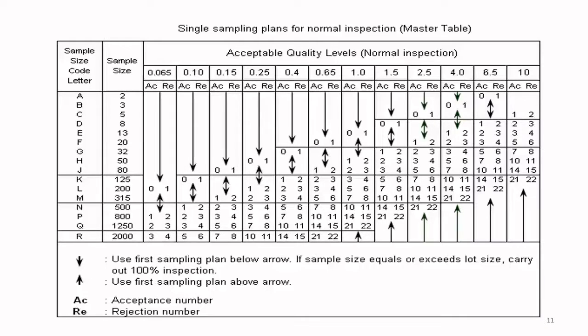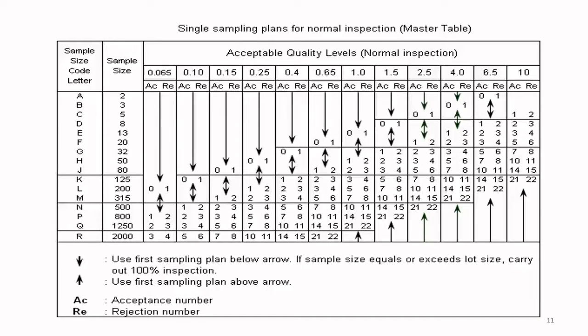If there are 15 defectives or more, then we'll reject it. So AQL 10 is relaxed. From 80 samples, with 14 defectives, you are still safe. If there are 15 defectives, then your shipment will be rejected.